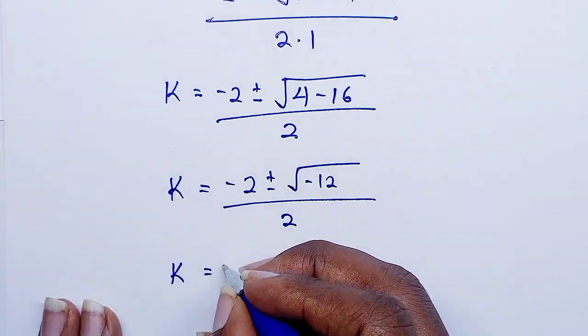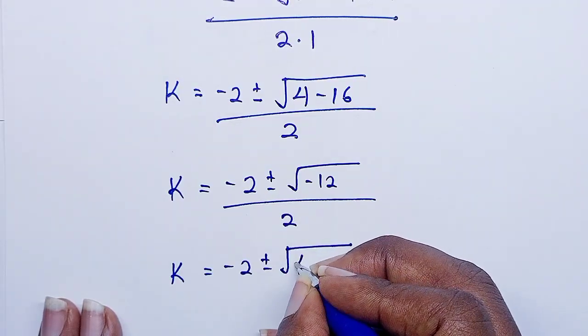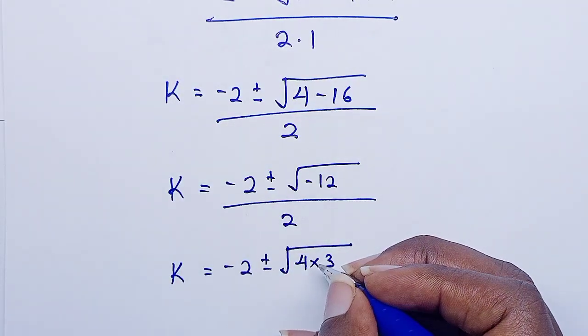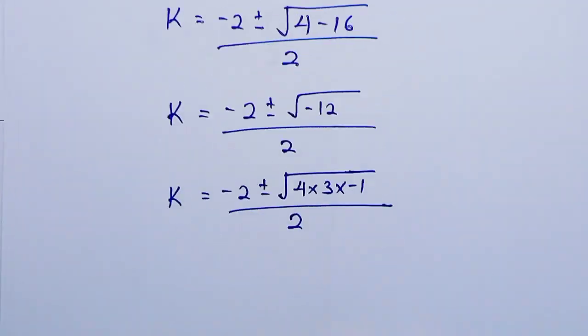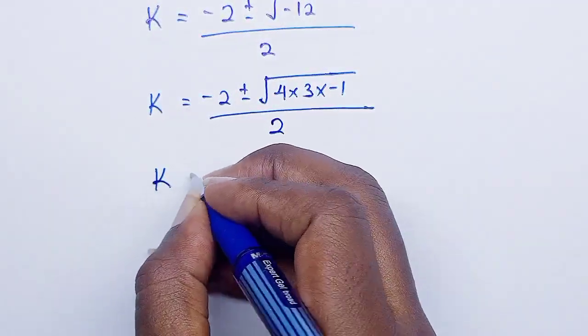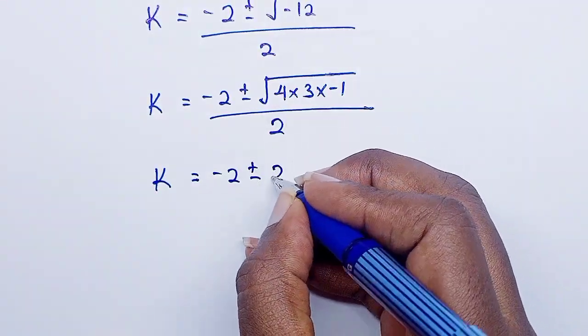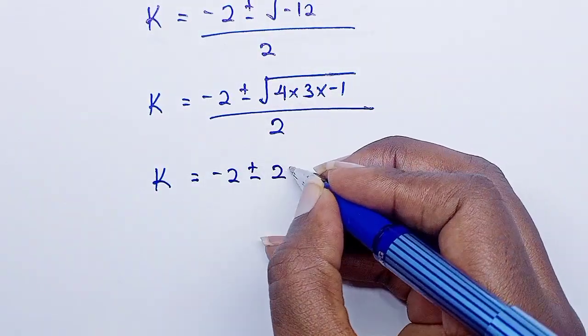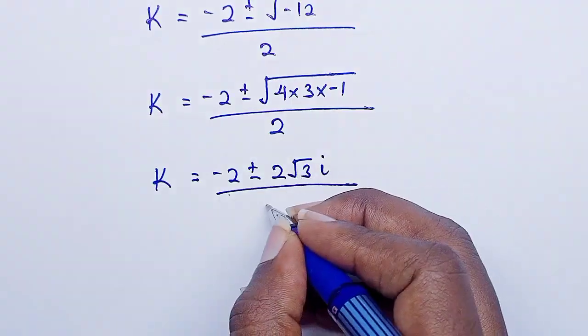k will be equal to minus 2 plus or minus the root of 12, which can be expressed as 4 times 3 times negative 1, over 2. So k is equal to minus 2 plus or minus the root of 4, which is 2, then root of 3, root of negative 1 is i, over 2.